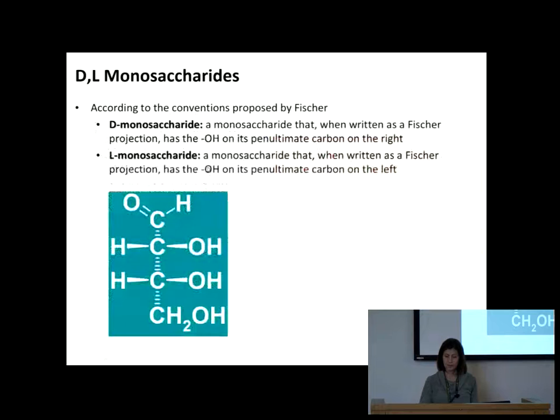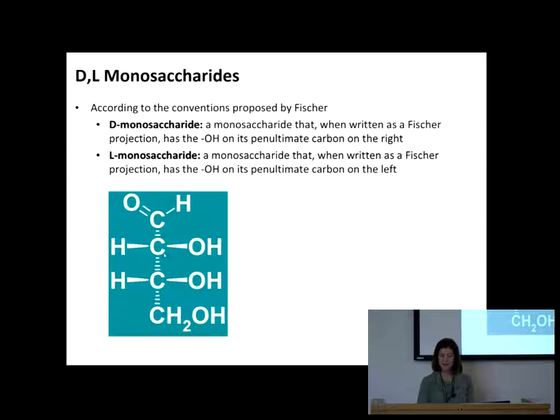All right, so again, you're going to have to look at what we call the penultimate carbon. So is this the D or the L form? Penultimate means second to last. D, because the last chiral carbon, which is going to be the second to last carbon on this one, has the OH to the right, putting the carbonyl to the top. This is the only way I'm going to look at it. I'm not going to screw you up by flipping it around.